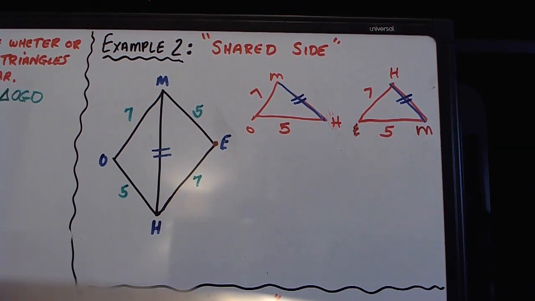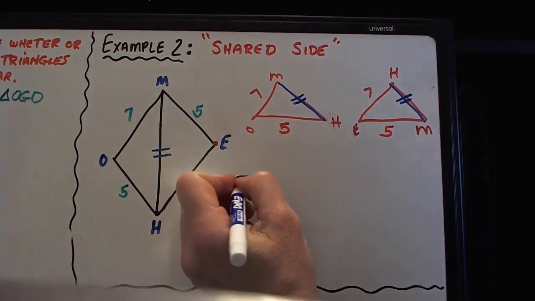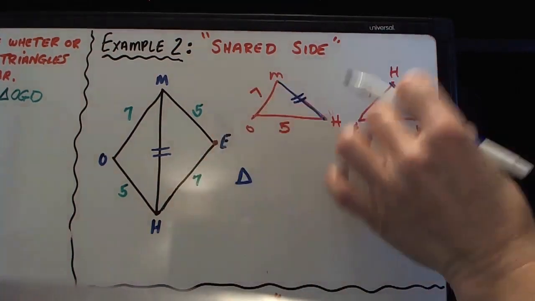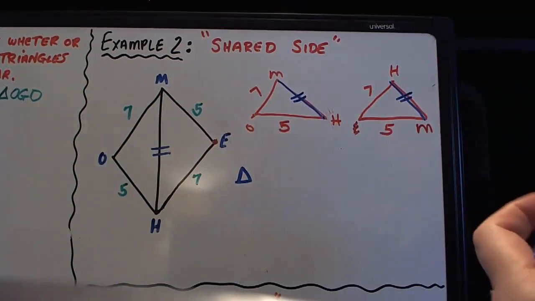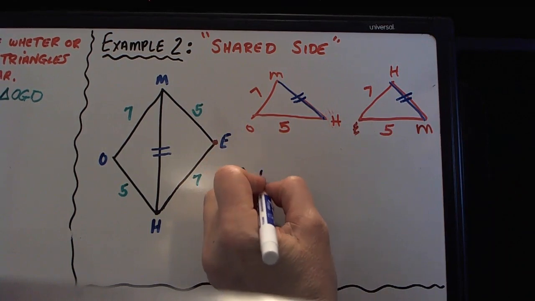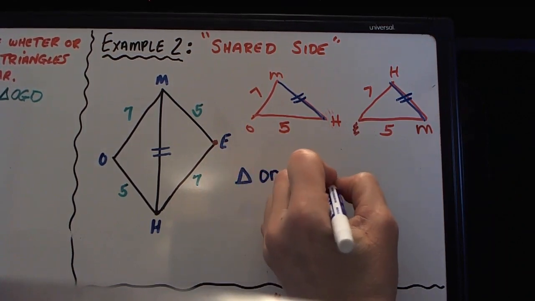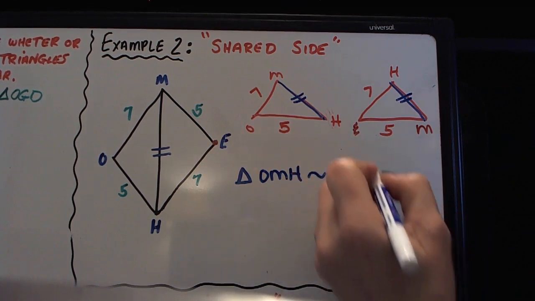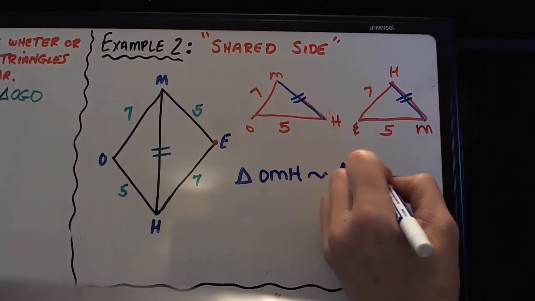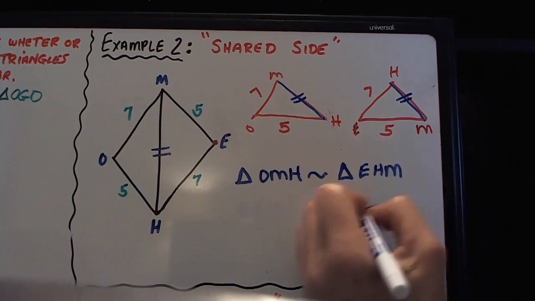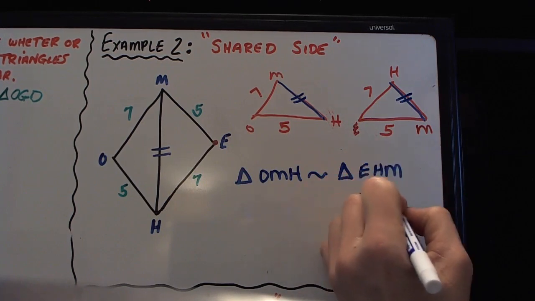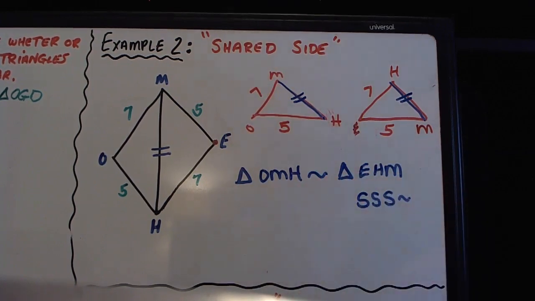When we are writing out the similarity statement, and I've already drawn the triangles separately so I can see how everything lines up, I'm going to say triangle OMH is similar to triangle EHM by side, side, side similarity.